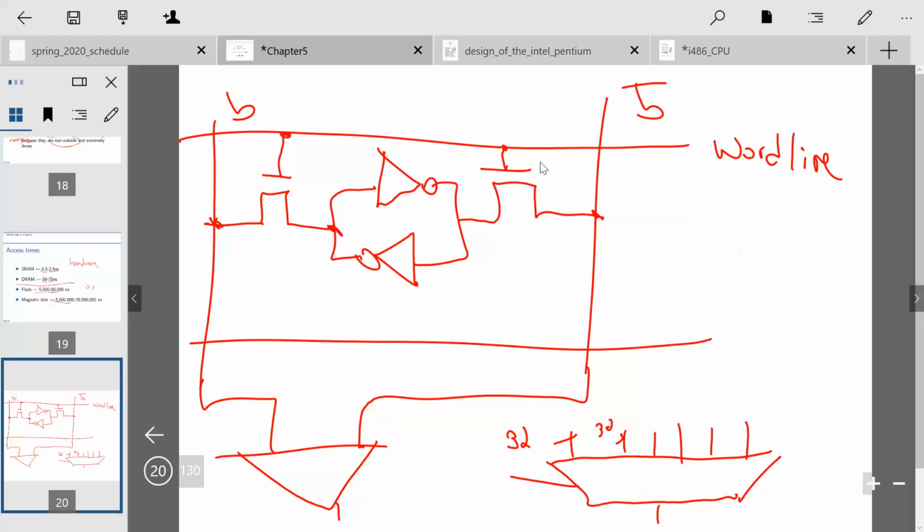Longer word lines require a longer access delay, because longer lines have more parasitic capacitance and resistance, and that RC delay that comes from having a resistor and capacitor in series is what we end up with here.